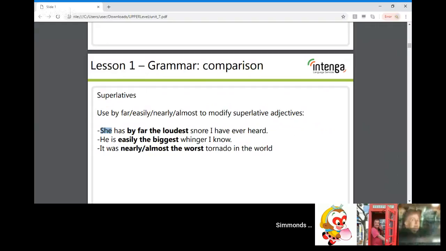Perfect. Very good. What about "he is easily the biggest winger I know"? What is that? I don't know. No, what is winger? Have you heard of that before? No. Who have you heard of that before?